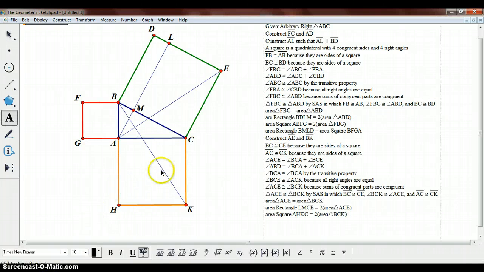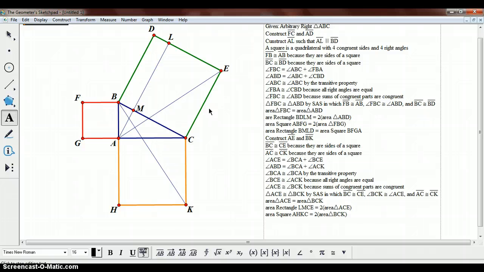We have previously shown that the area of triangle BCK is equal to the area of triangle ACE, and we have just shown that the area of rectangle LMCE is 2 times the area of triangle ACE, as well as the area of square AHKC is equal to 2 times the area of triangle BCK.